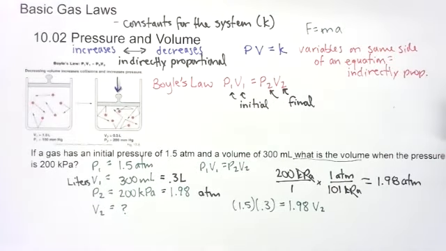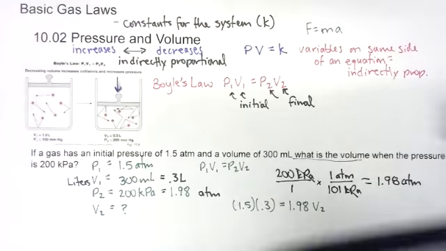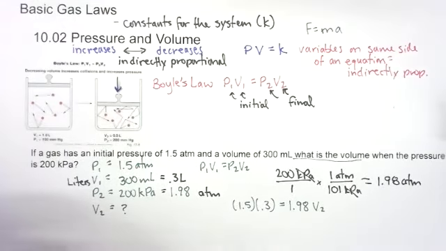And when I solve my algebraic equation, I get that V2, did I calculate this out ahead of time? I don't think I did, so I need to grab my calculator. 1.5 times 3 is 4.5, and when I divide that by 1.98, I get a volume of... Okay, let's try this again. 1.5 times 0.3 is 0.45, divided by 1.98 is going to give me 0.227.